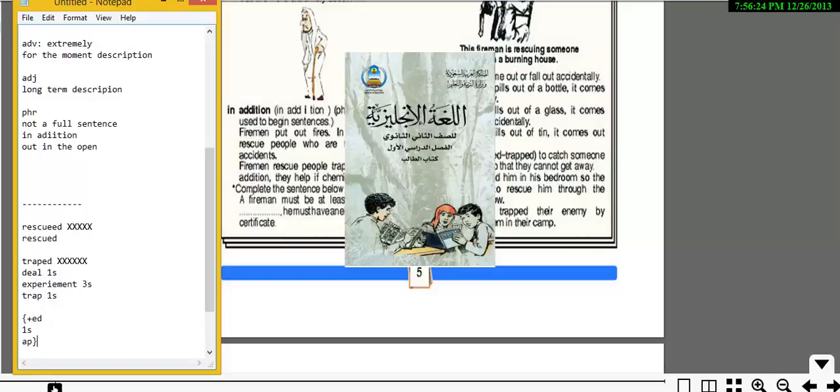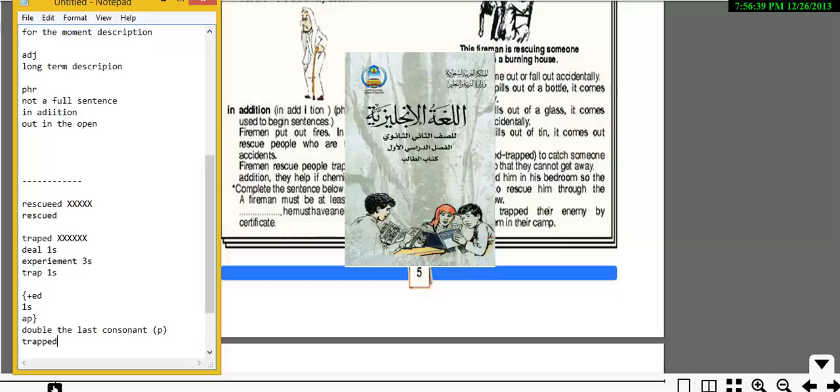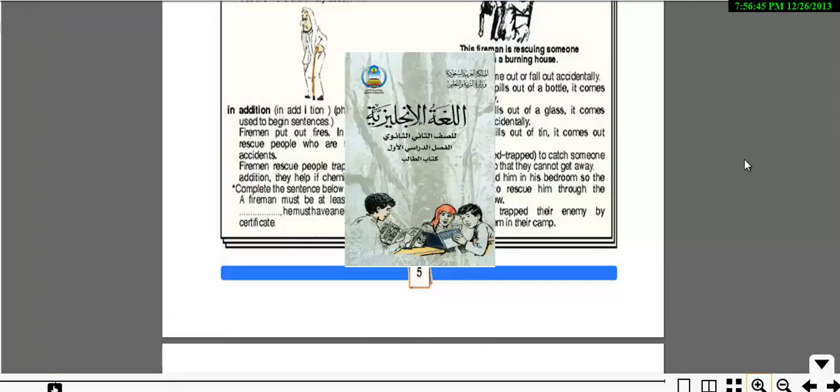You really need to double the last consonant letter, which is the P in this case. So you just say trapped, double P. That's the right one.